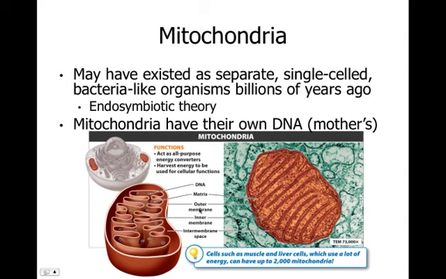So our outer membrane, our inner membrane, and then we have this membrane space, or intermembrane space. So it's in between the inner membrane and the outer membrane. So this will be important when we look at cellular respiration, but it's important right now that you know that mitochondria are termed the powerhouse of the cell.